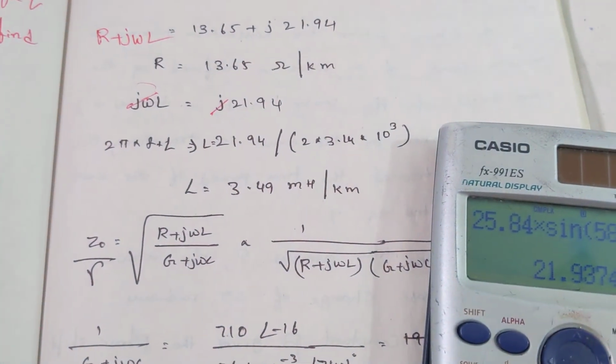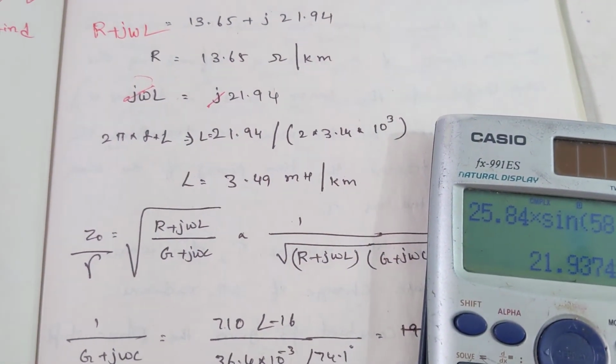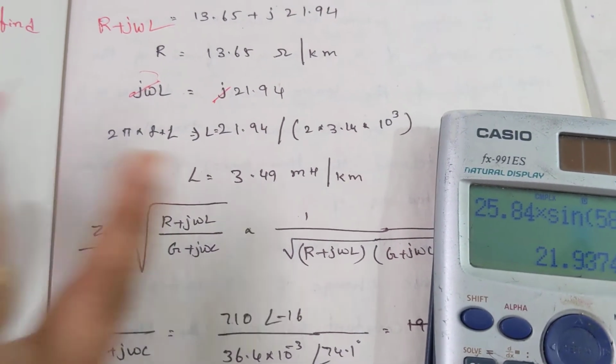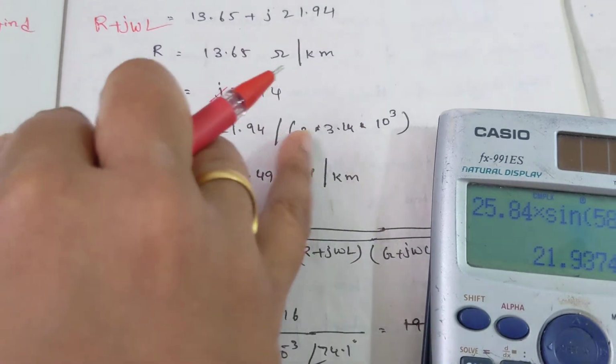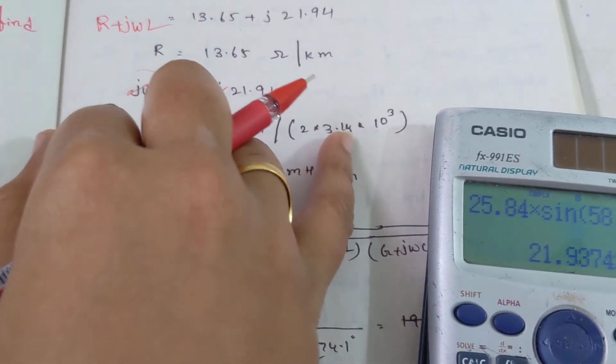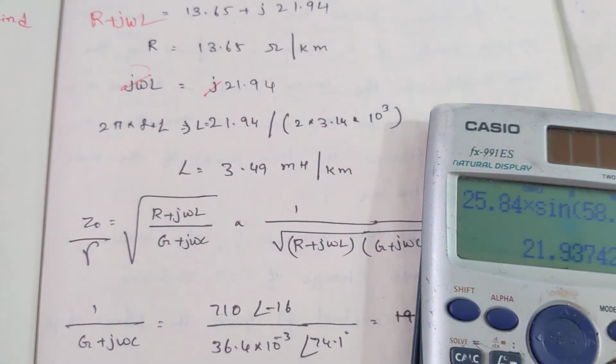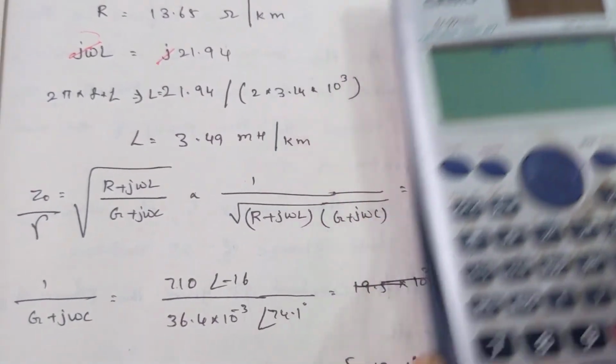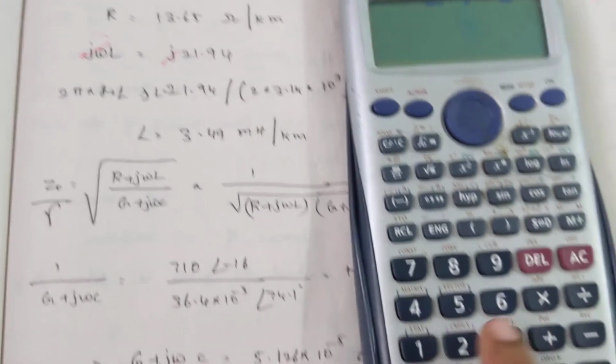When coming to the omega L, omega is given as 2 pi f, and here f is your frequency, 1 kilohertz. So I take this out for the denominator: 2 into 3.14 into 10 power 3, kilo. I'm not modifying this kilo to make it milli.